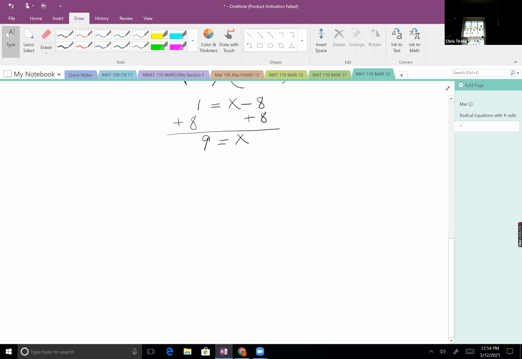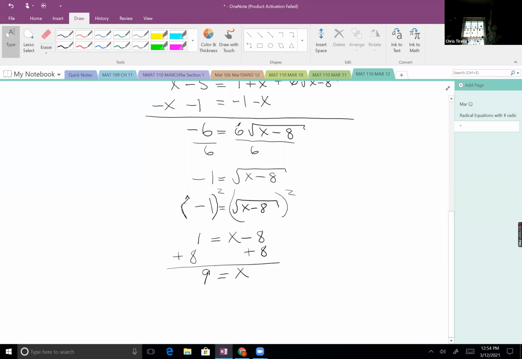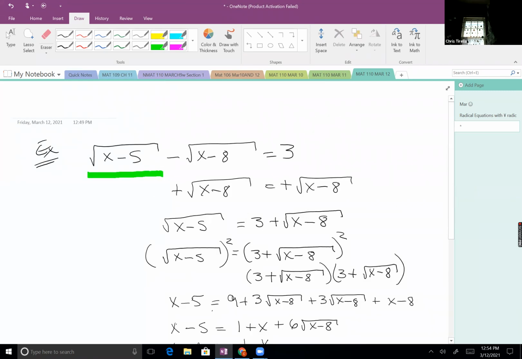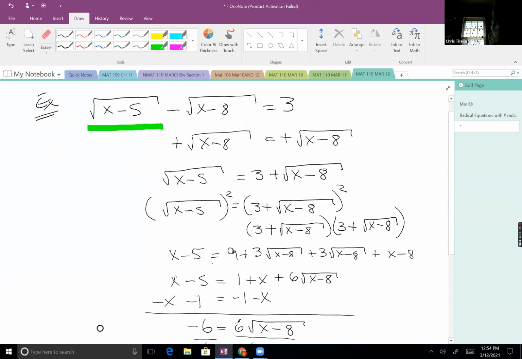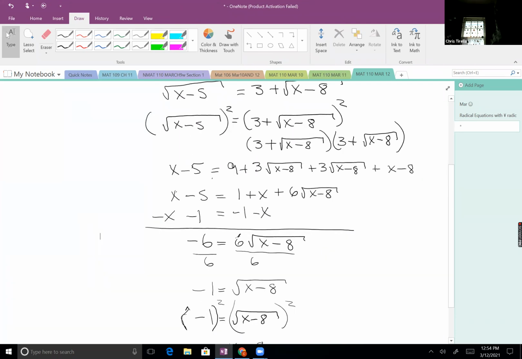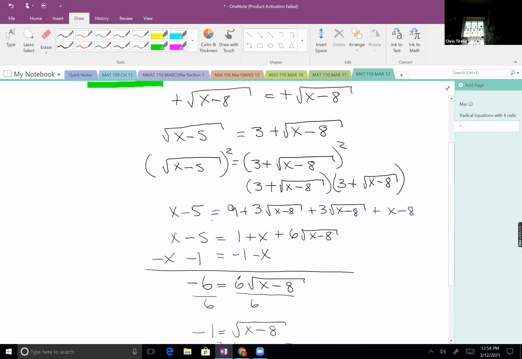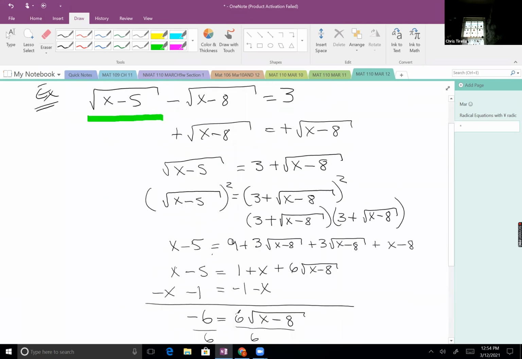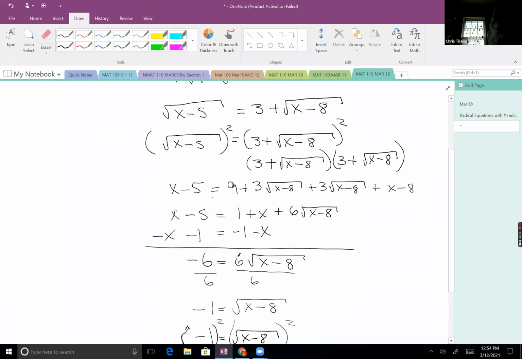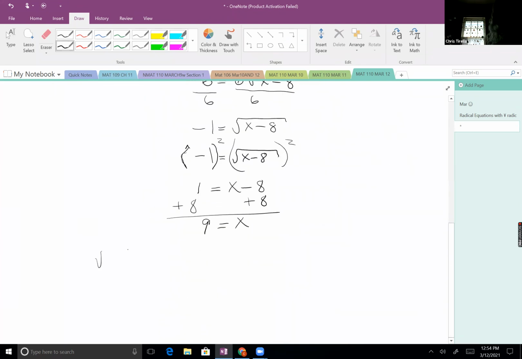Again, though, these are one of those types of equations that I don't want to leave without a check. And so checking my original equation, yikes, I didn't have it written down. Square root of x minus 5 minus the square root of x minus 8 equals 3.